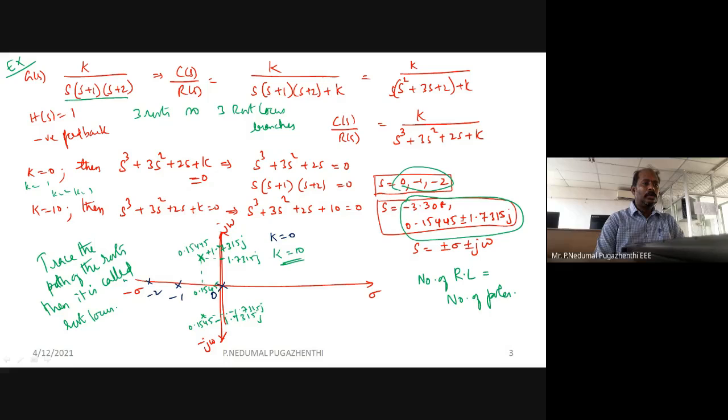So this is minus 3.308, and this fellow will not come here. This will come here. These roots will be coming here.